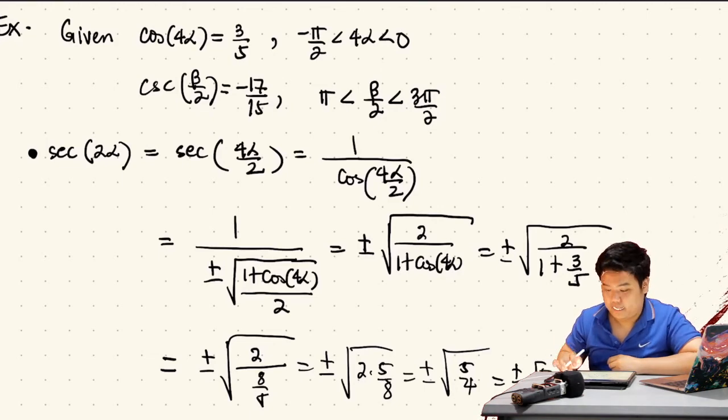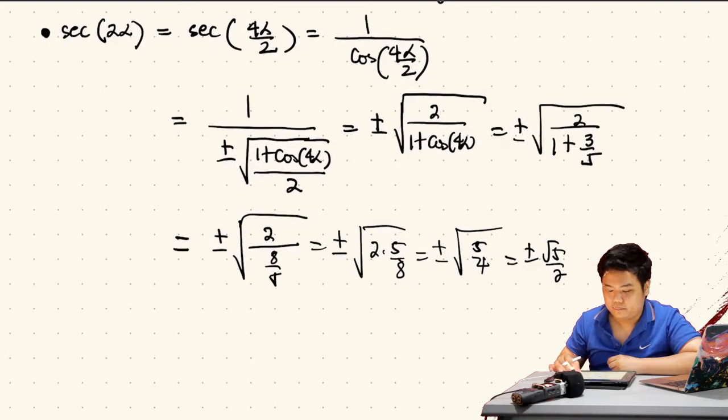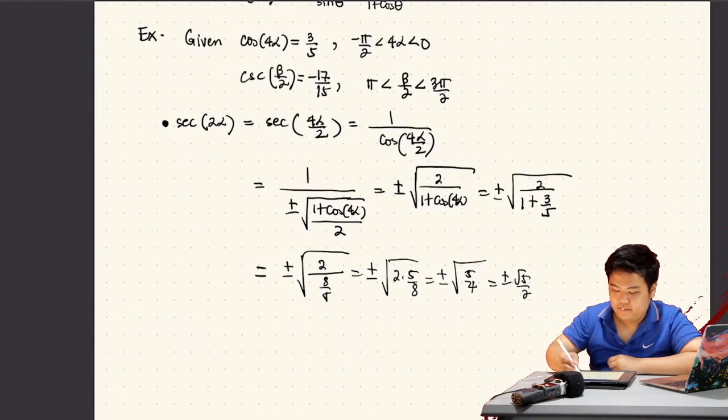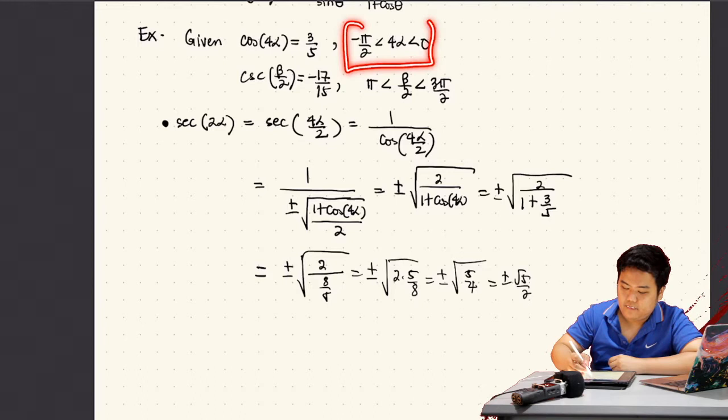Ang tanong, positive or negative? Okay? Nasaan ba si 4? Ang usapin dito ay 2 alpha. Titingnan natin nasang quadrant si 2 alpha. So, using this one, di-divide lang natin lahat by 2 para makuha natin yung quadrant.